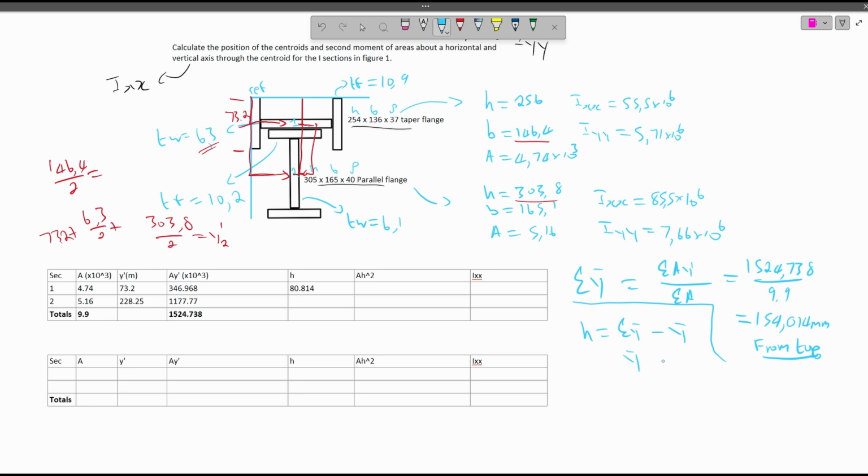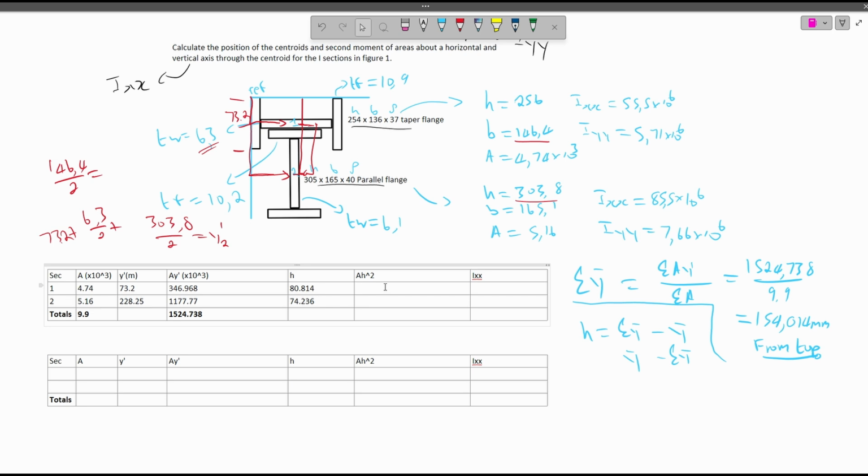You're going to have your wiper minus sum of wiper, which is 228.25 minus 154.014. You're getting 74.236.